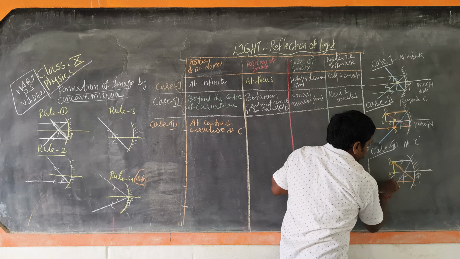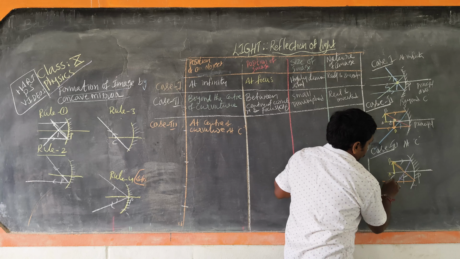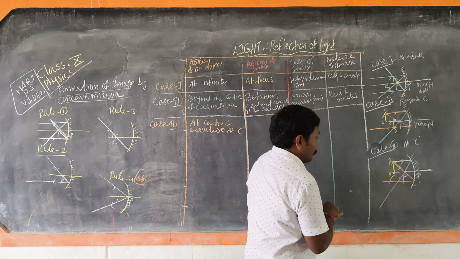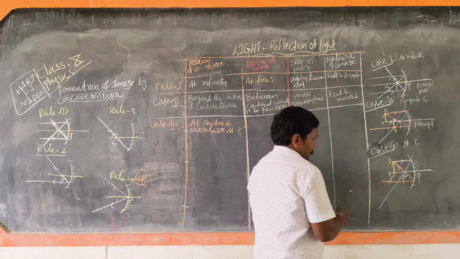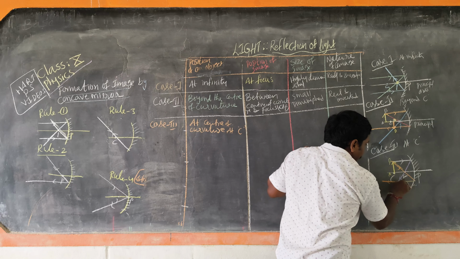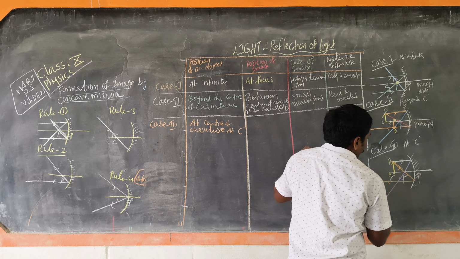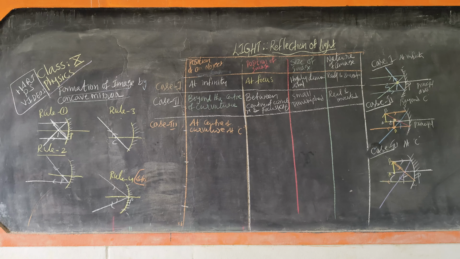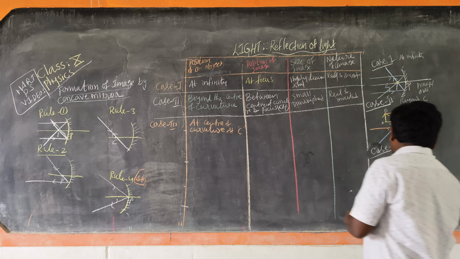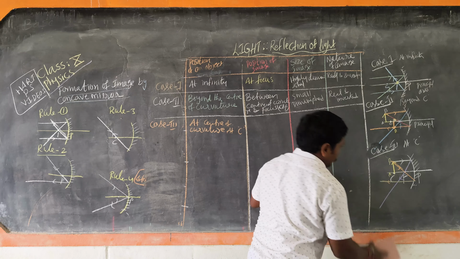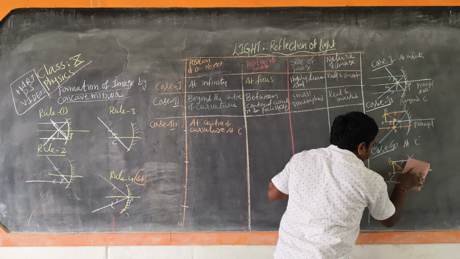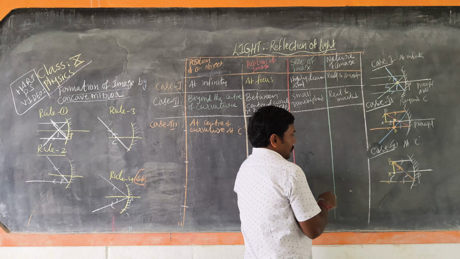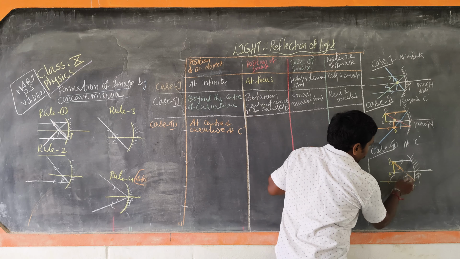It is reflected parallel to the principal axis. Now see, we must draw the diagram neatly and correctly, otherwise we will not get the position of the image.